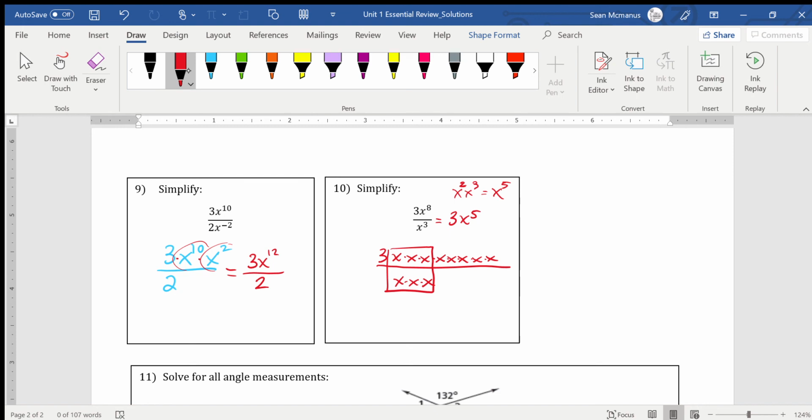They reduce to 1. 3 x's multiplied together on the top and the bottom, that's a 1, so that part goes away, and then I'm just left with the 1, 2, 3, 4, 5 x's. Right, so there's a short way knowing the rule: if I divide exponents, subtract them, and then I did it the long way to prove why it works.